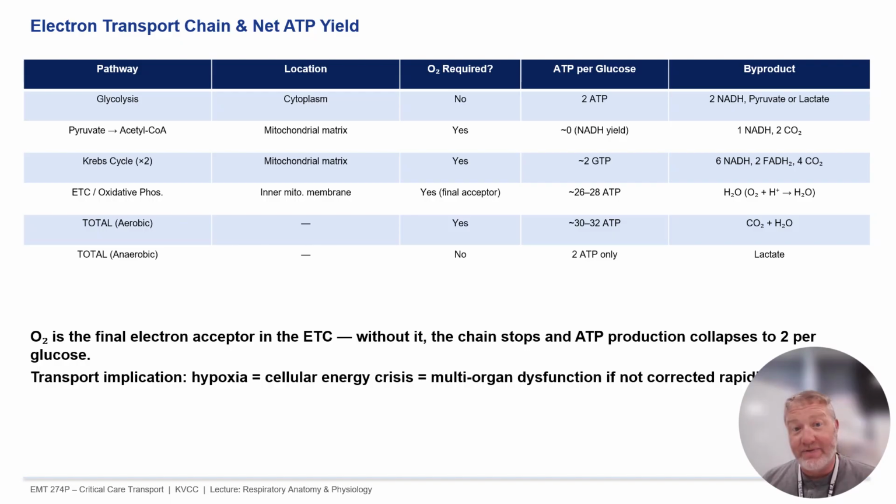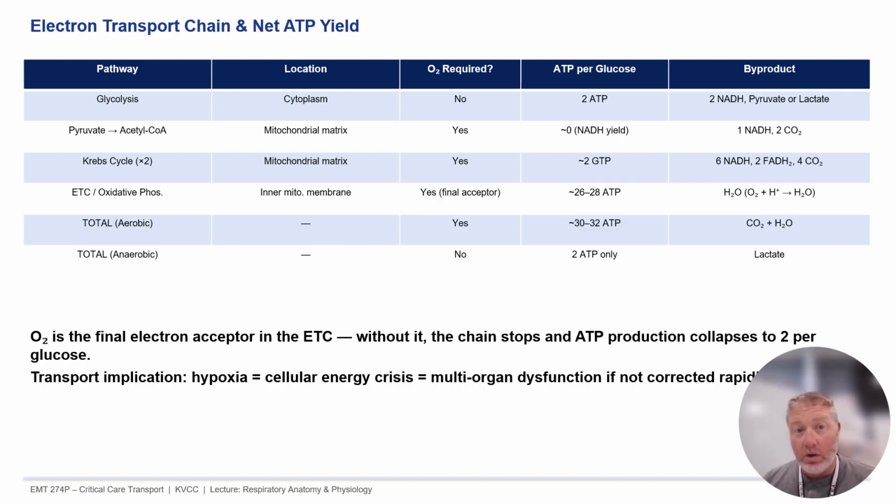Without oxygen as the final electron acceptor, the entire chain backs up, the NADH and the FADH2 accumulate, and ATP production drops to the minimal output of glycolysis alone. The net ATP yield from one glucose molecule under fully aerobic conditions is approximately 30 to 32 ATP.